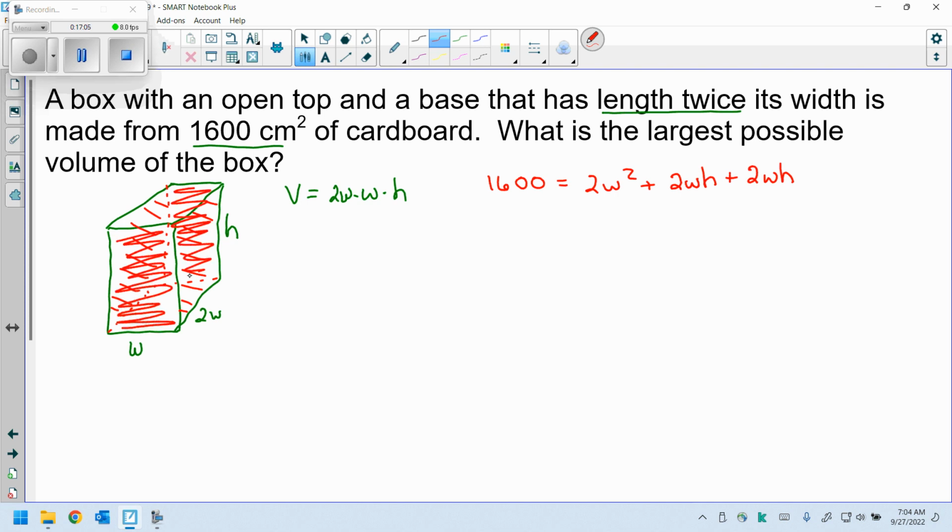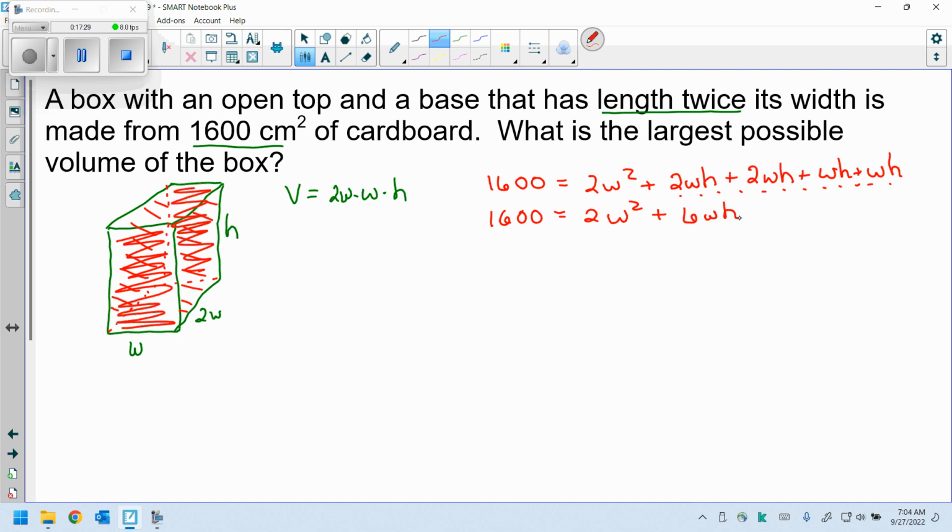So we've got a WH plus a WH. So 1,600 equals 2W squared, and if I add all of these like terms together, I'm going to get 6WH.